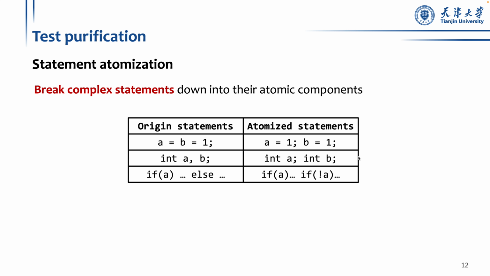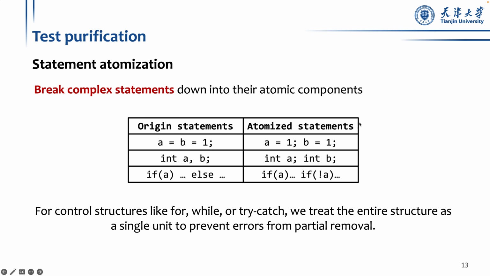Other parts, like method call chains, are left unchanged to keep the code correct. We also treat control structures, such as for loops or if statements, as a single unit, so we don't end up removing only part of them. Overall, this conservative approach keeps the test valid while making it easier to simplify.